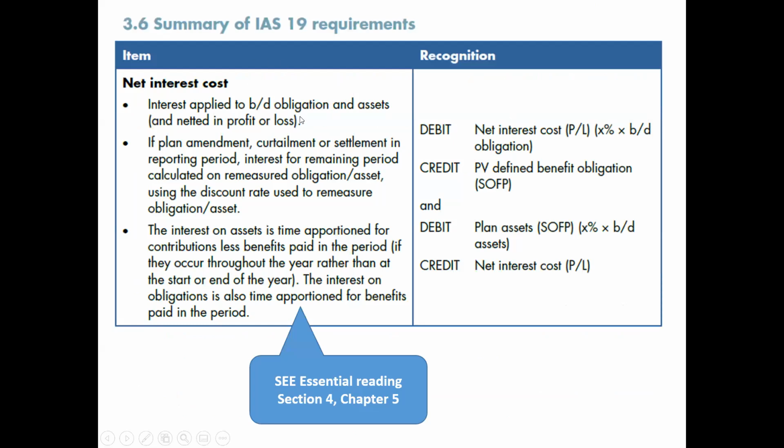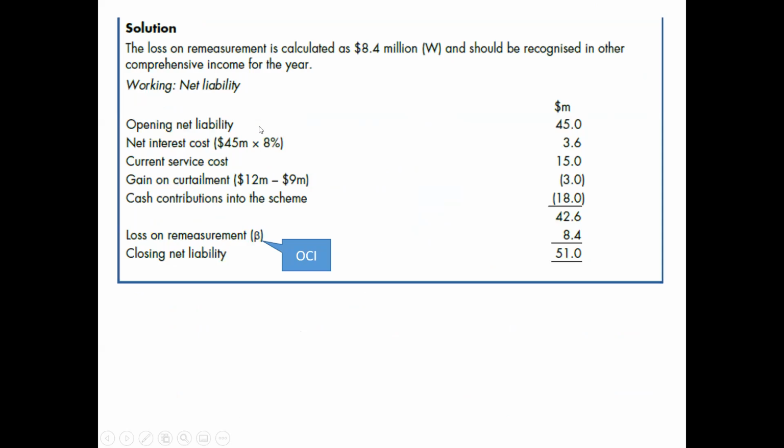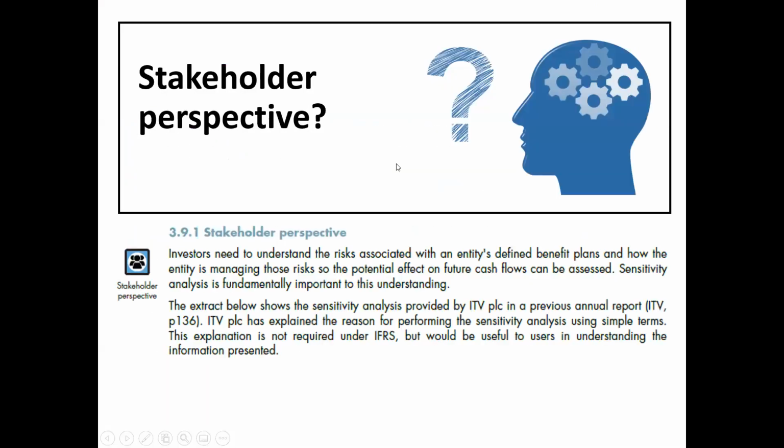In our defined plan we have an opening liability and a closing liability, and in there are current service costs, actuarial gains and losses, and interest that we need to recognize. The same with the asset, and we need to account for both of them, seeing what's the total that needs to be recognized.